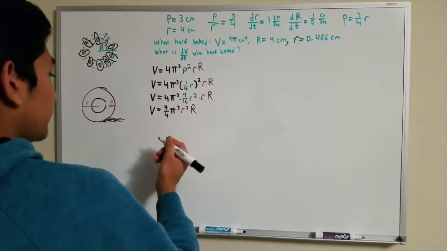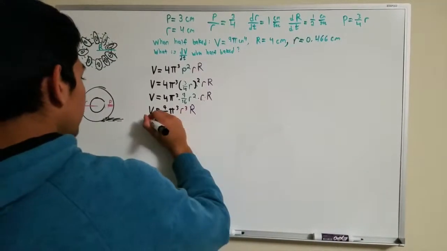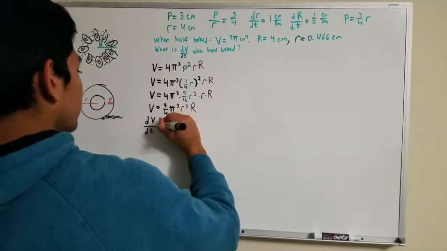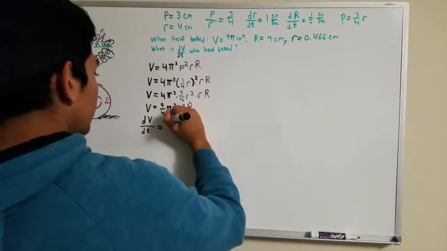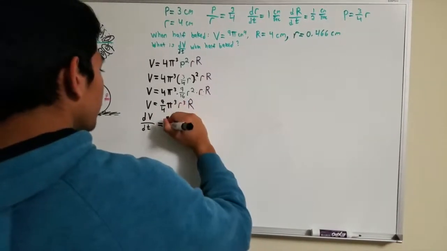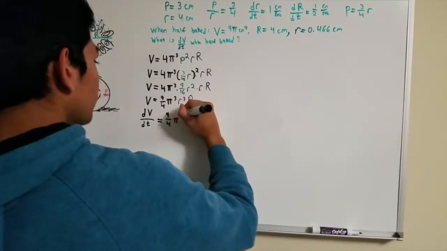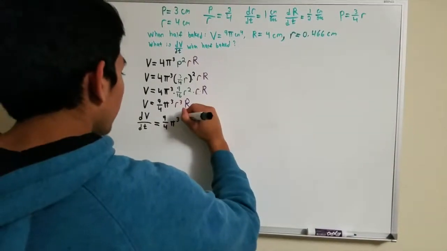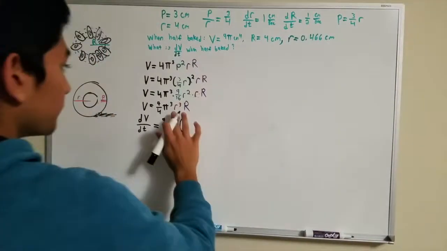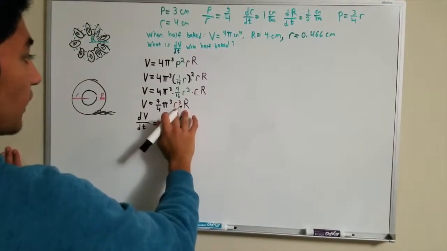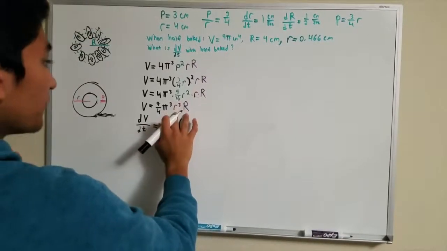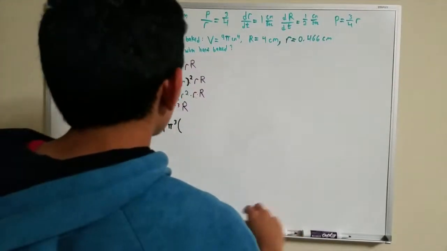So the change in volume with respect to time is equal to, this is a coefficient, so when you take the derivative, the coefficient stays the same. And now you're going to multiply that by, we see that we have two different variables multiplied against each other. When we want to take the derivative of this, we have to use the product rule.